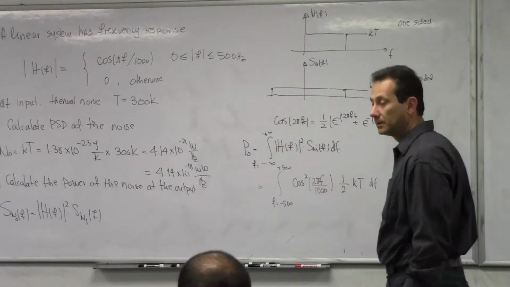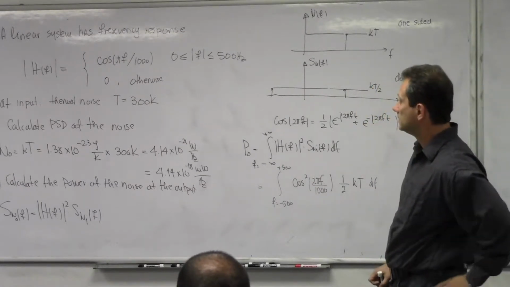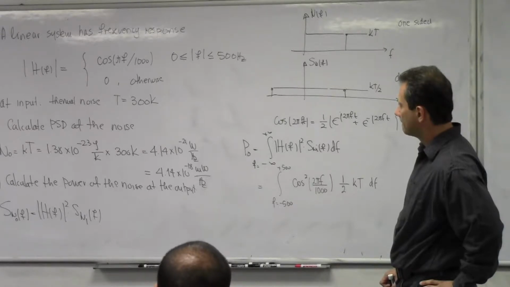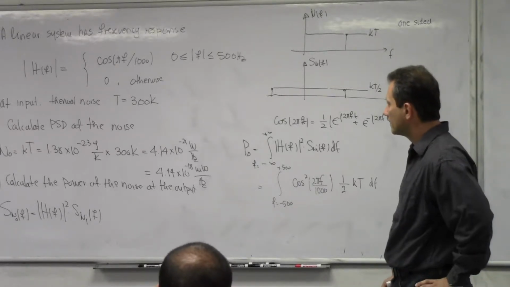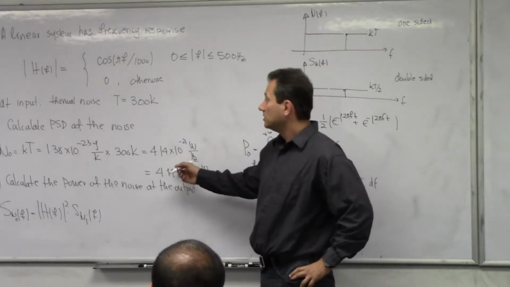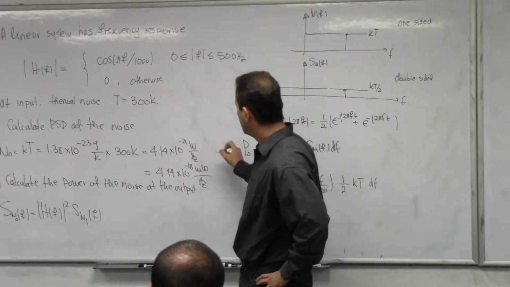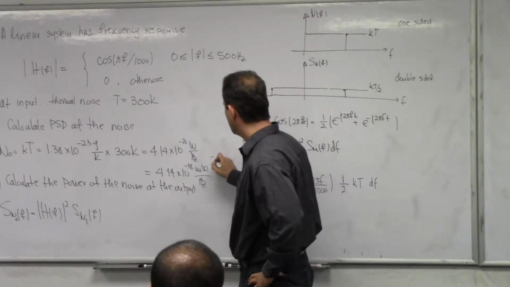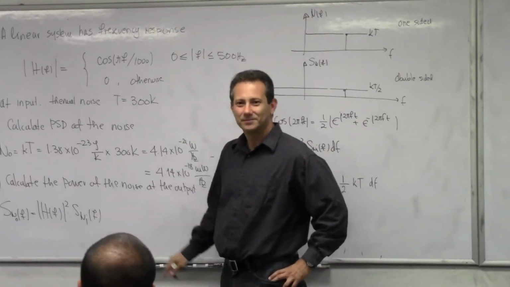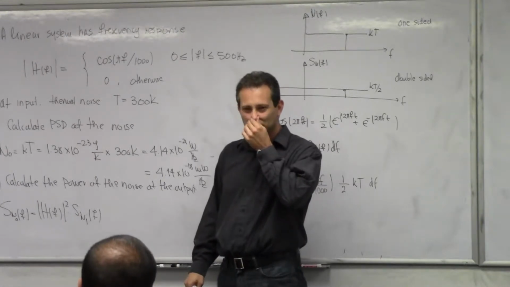What we use here is the first, kT, not 1 over 2 kT, as the power spectrum. Why did I use N0 there? Because I always quote this number. Why don't you divide it by 2? Because it is one-sided.